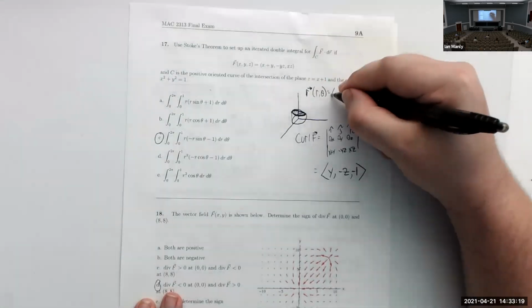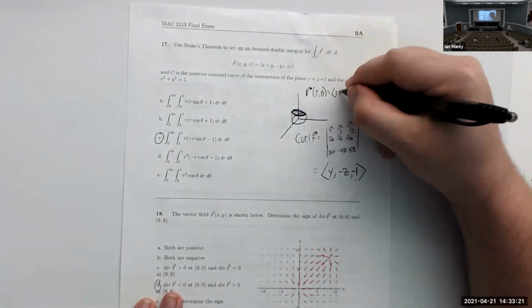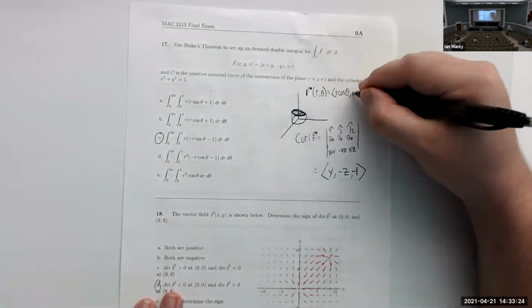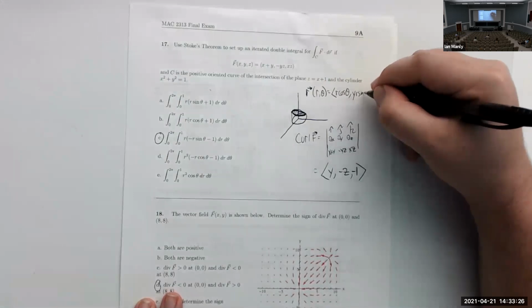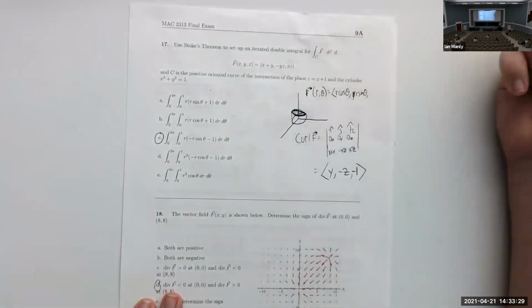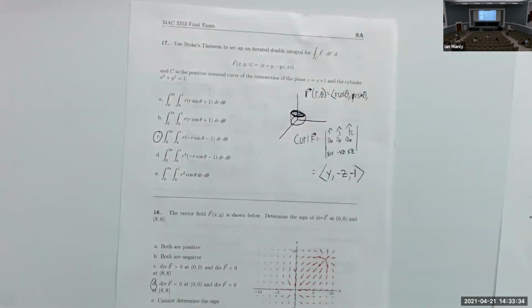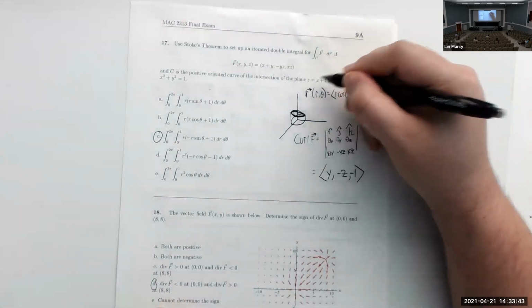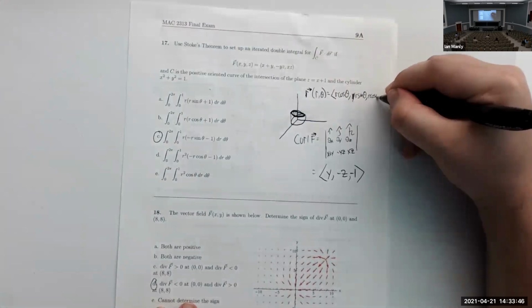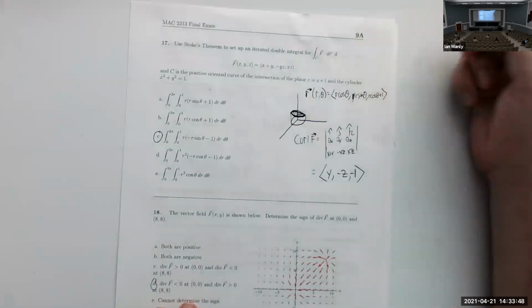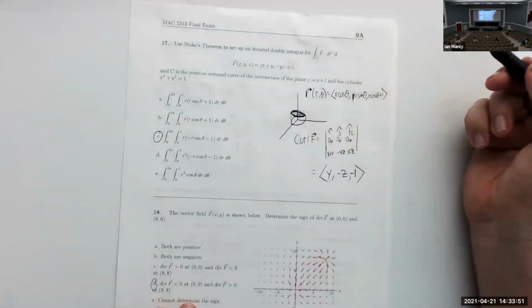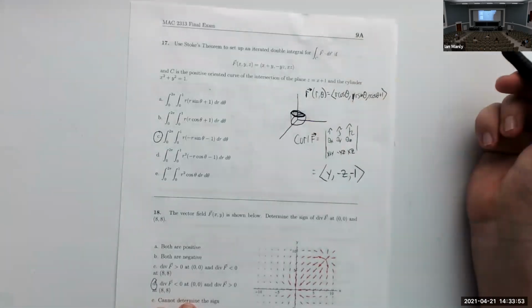Okay, now let's see here. x will be r cosine of theta. y will be r sine of theta. And then does anyone know what z is going to be? What's z going to be here? It's going to be r cosine of theta plus 1. That's right, because x is r cosine of theta, and then we just add 1. Very good.